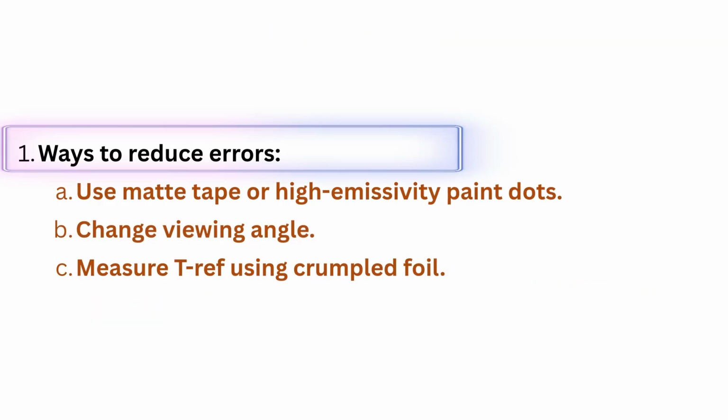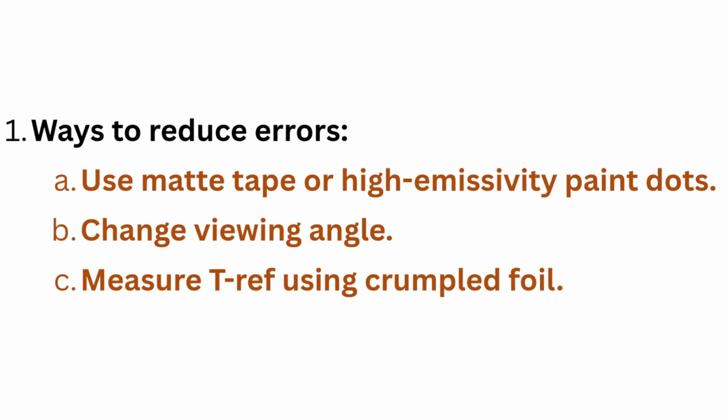There are a few things that you can do in such cases. You can use a tape, or a dark paint dot that has high emissivity. Another way is to change the viewing angle. Let's say you are standing straight ahead of the object, and your own body heat is reflected by that object.